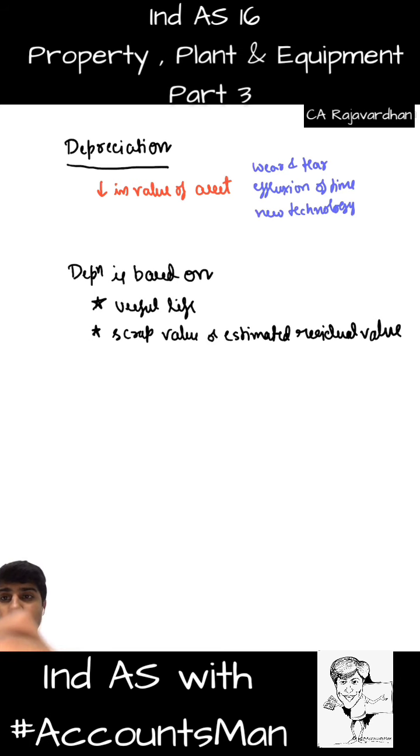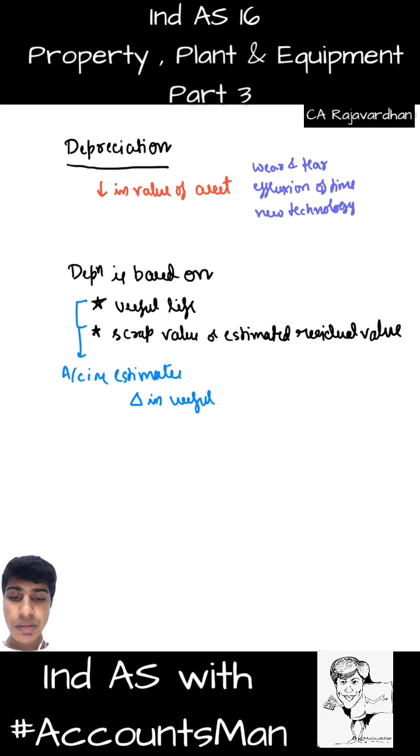So can I tell that both of these items are accounting estimates, and based on this is how I am basically determining my depreciation. So as both of them are accounting estimates, whenever there is a change in useful life or scrap value, depreciation amount should change, because this will change the depreciable amount.